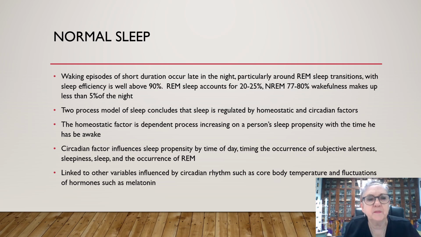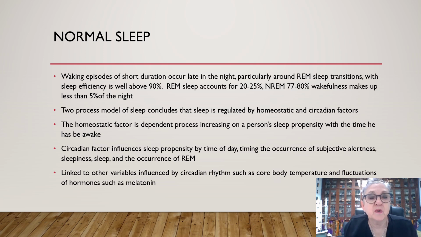In normal sleep, waking episodes of short duration occur late at night, especially during the REM sleep transitions. Sleep efficiency is well above 90%, and REM sleep accounts for about 20 to 25%. Non-REM is 77 to 80% of that, and wakefulness makes up about 5% of the night.